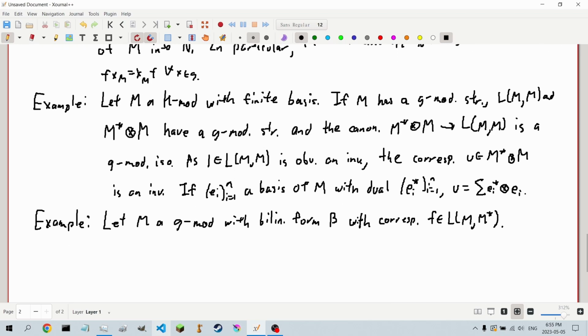Now, beta is invariant if and only if F is a G module homomorphism.